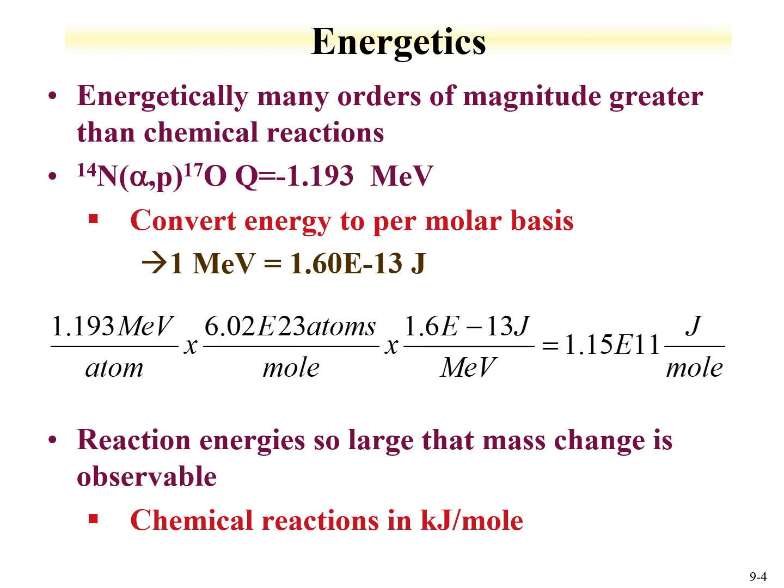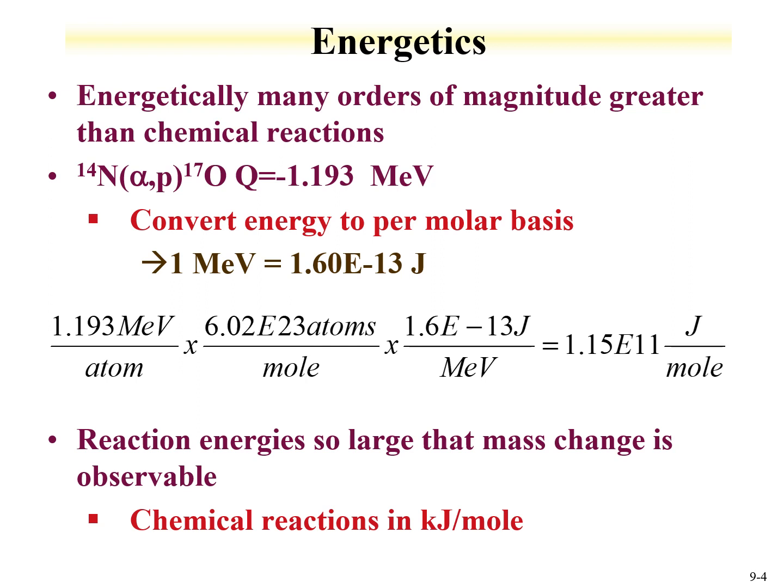So if we take the reaction we discussed on the earlier page, we calculate the Q value for this reaction. The Q value is a little bit under, it's just around -1 MeV. Now to describe this sort of reaction, we can talk about this on a per molar basis so we can compare it with a chemical reaction.